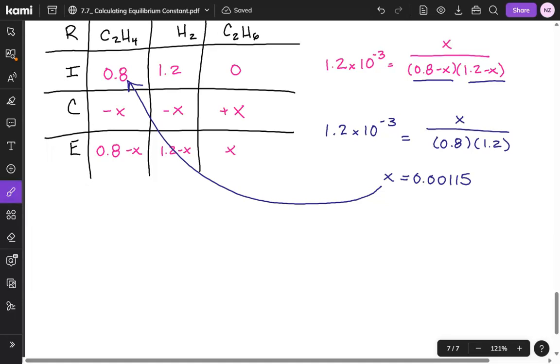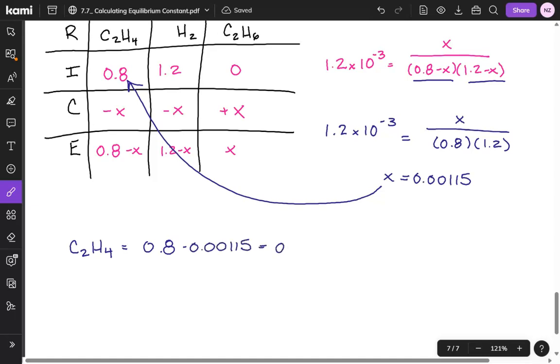So for my equilibrium values, I would go ahead and solve for those now that we have x. So if I do that, for C₂H₄, I would solve and it would be 0.8 minus 0.00115.